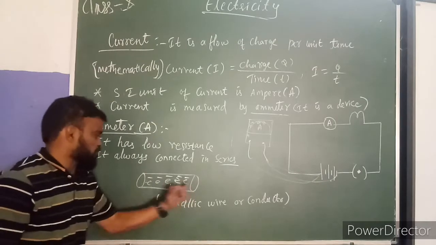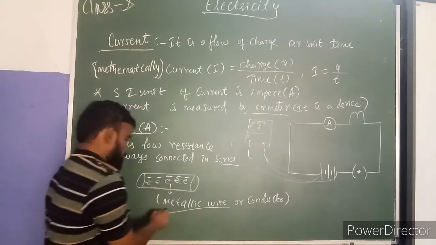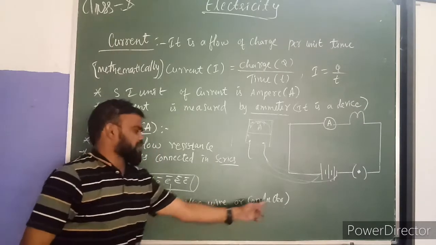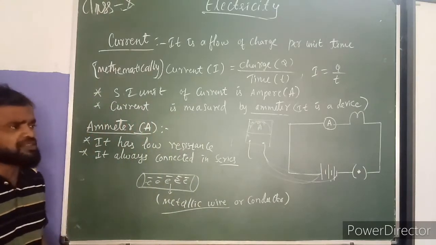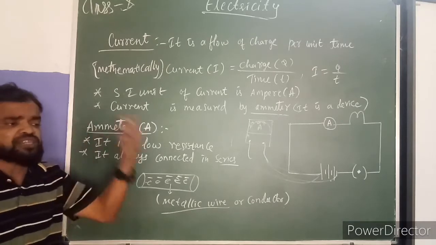The electrons are moving in a metallic conductor or metallic wire, like a cable with a thick core. What is a current carrying conductor? It is an object that carries current.